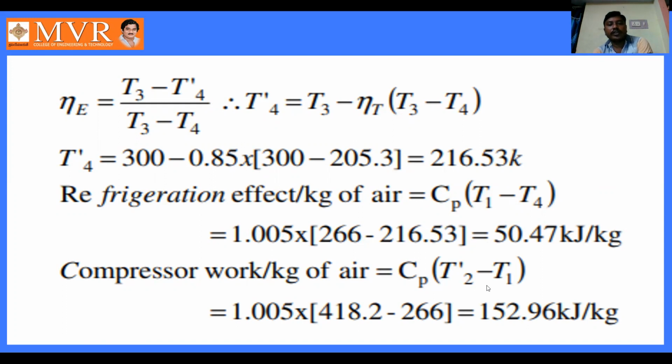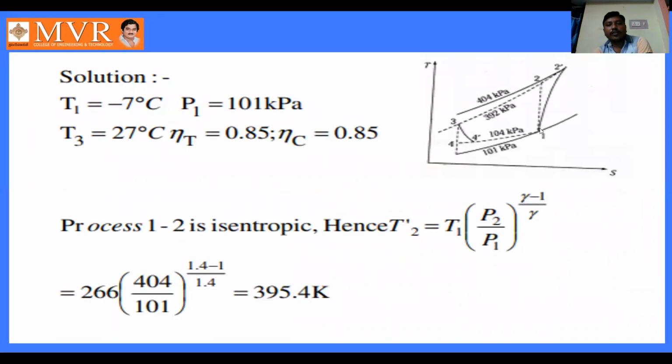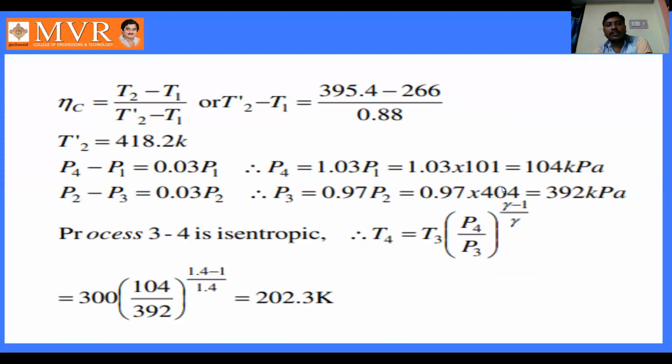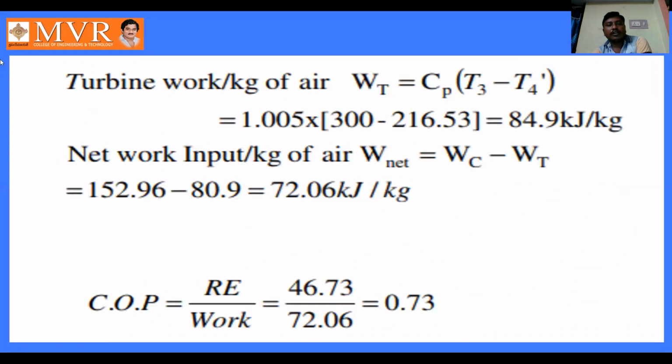The compressor work per kg of air is equal to Cp into T2 dash minus T1, as this is the process 1 to 2 dash. After substituting all the values, we have got the compressor work per kg of air as 152.96 kilojoule per kg. Turbine work per kg of air is Cp into T3 minus T4 dash, and after substituting we have got 84.9 kilojoule per kg.